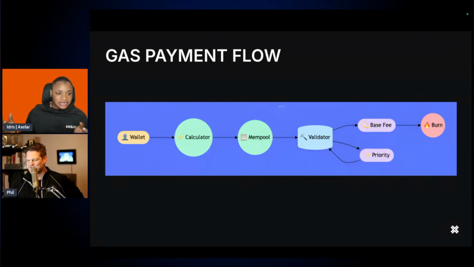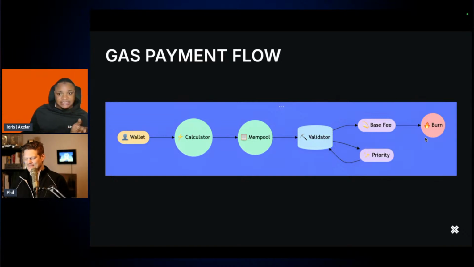But the burning mechanism is very key to the economic feature. It helps control network congestion, helps reduce the token supply over time, and also makes the native token deflationary, which is very, very important when it comes to the blockchain ecosystem generally.